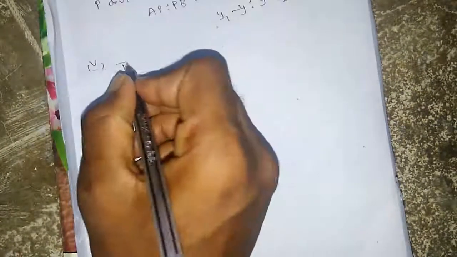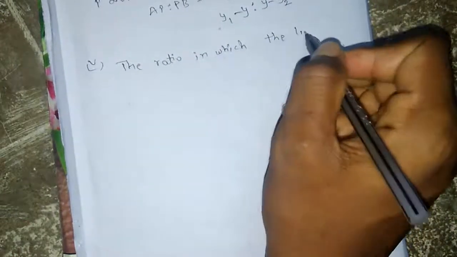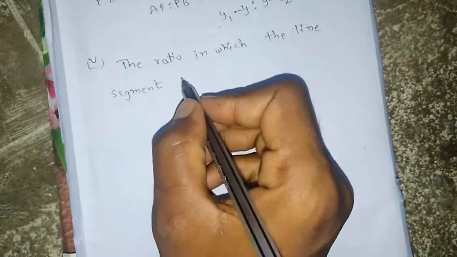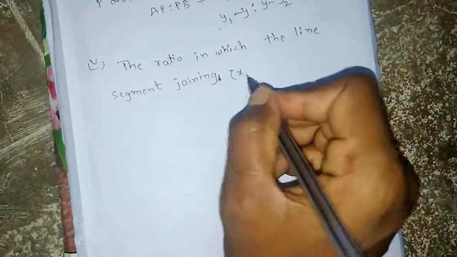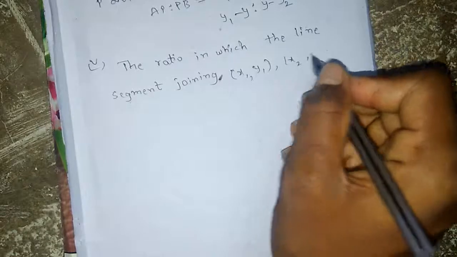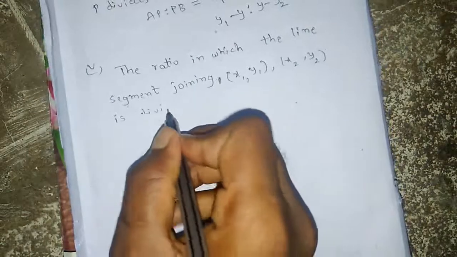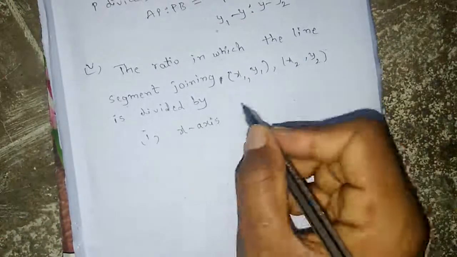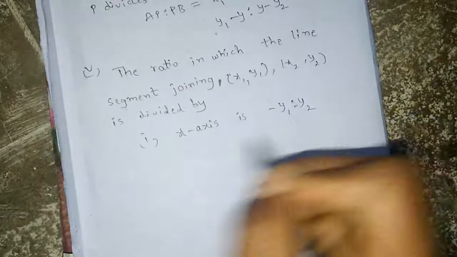Next point, the ratio in which the line segment joining (x1, y1), (x2, y2) is divided by the x-axis. The x-axis divides the line joining the given 2 points in the ratio -y1 is to y2.